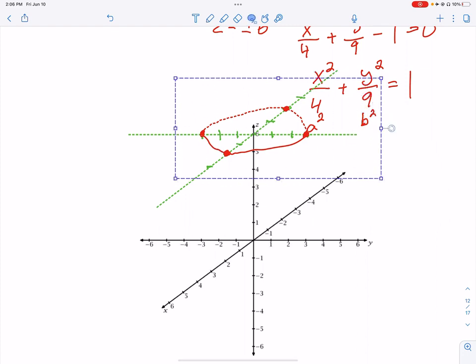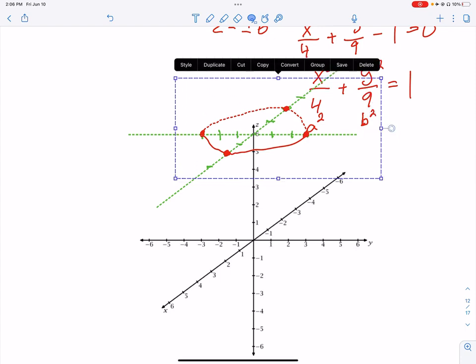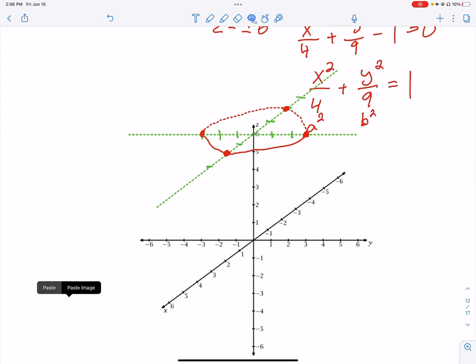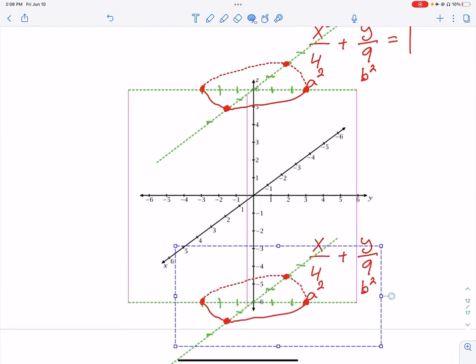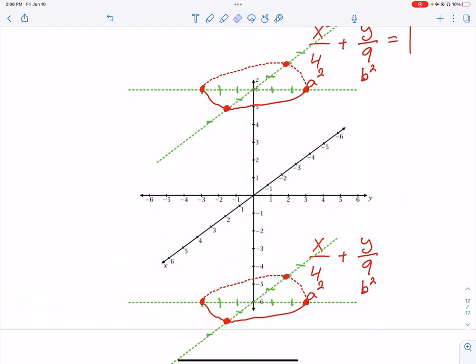I'm just going to copy and paste. You're going to have to sketch. Erase the things that I don't need. There we go.